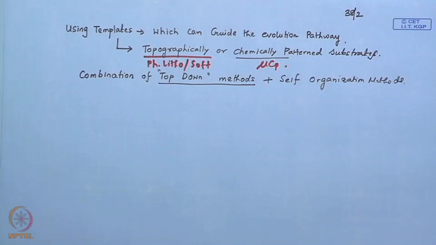So, we will see how it works, but interestingly the possibility of aligning these dewetted structures was first shown by Jones, a famous scientist from UK, around 2000, and the paper was published in Nature, where they simply took a glass slide and before coating it with a polystyrene or a PMMA film, all they did was to rub the glass slide in one particular direction with some emery paper.